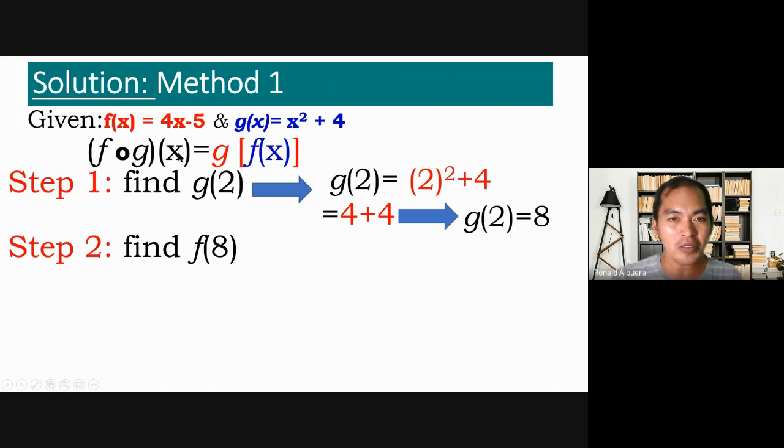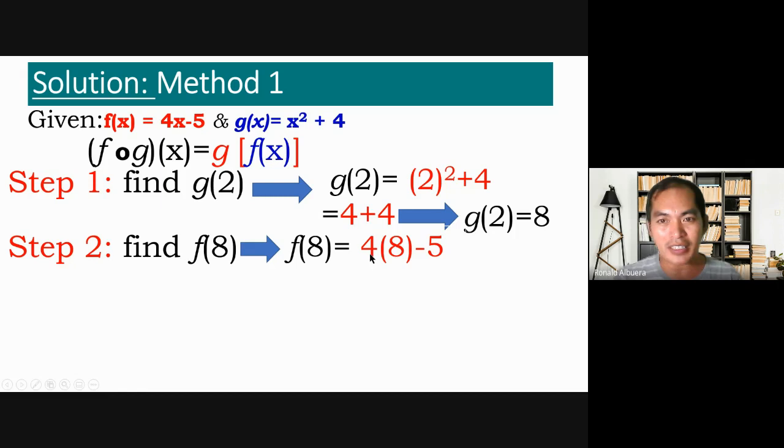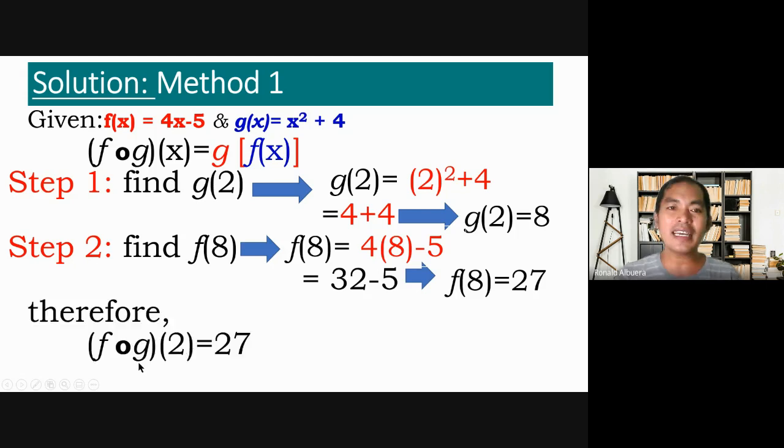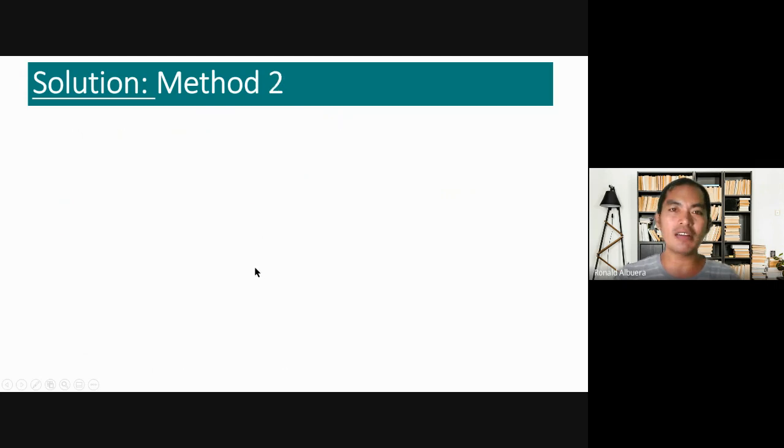So itong 8 ang ipapalit natin sa x dito sa 4x minus 5. Magiging 4 times 8 minus 5. We multiply first. 4 times 8 is 32 minus 5 is 27. So yan na po ang sagot ng f circle g of 2 which is equal to 27.